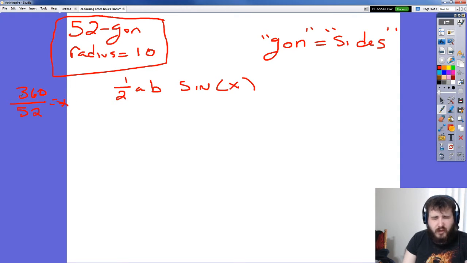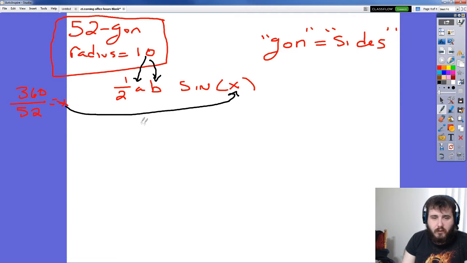I'm going to use that entire decimal. I could also just use the 360 over 52. Either way, in fact, this is probably fewer button pushes. So maybe I'll do this, and I'll show you how that's done as well. But then the other thing, so that's x, and then the radius is both A and B.